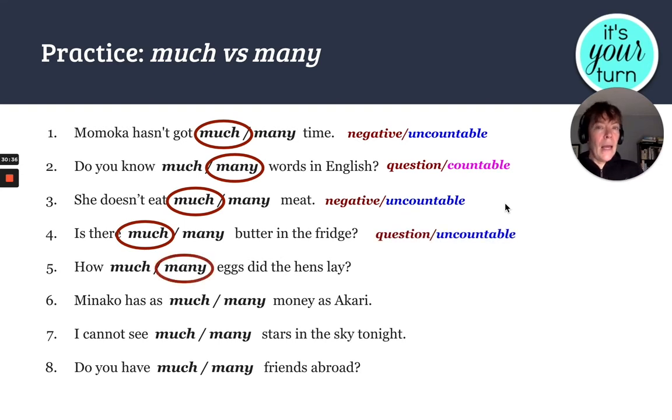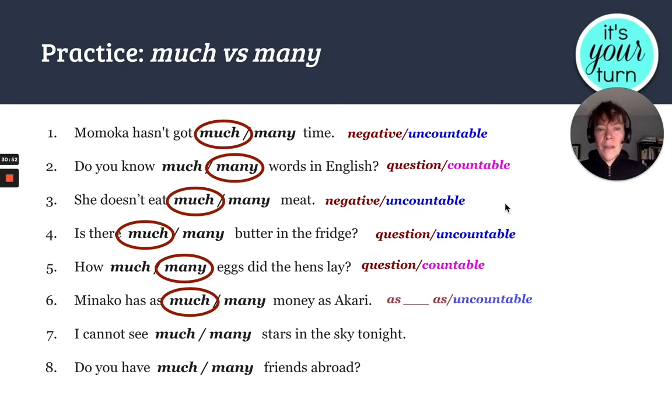How many eggs did the hen lay? Ooh, a hen is a chicken. Minako has as much money as Akari. Remember, this is a positive statement, but with as much, then you can use it. I cannot see many stars in the sky tonight. Do you have many friends abroad?